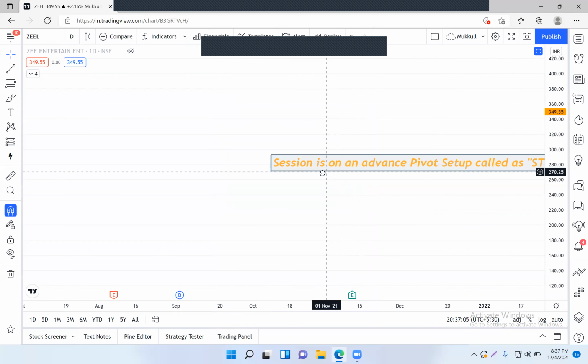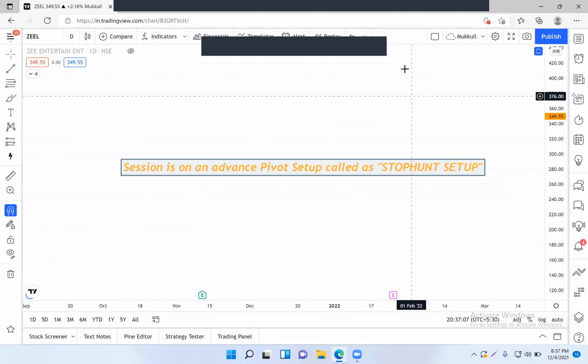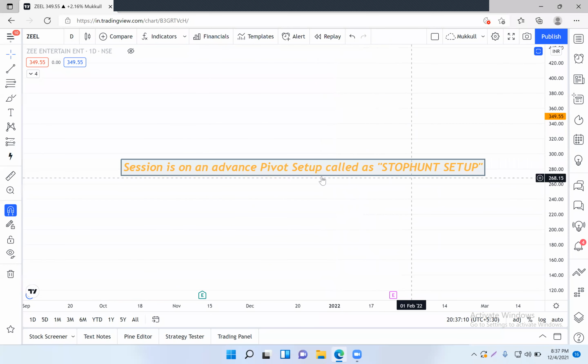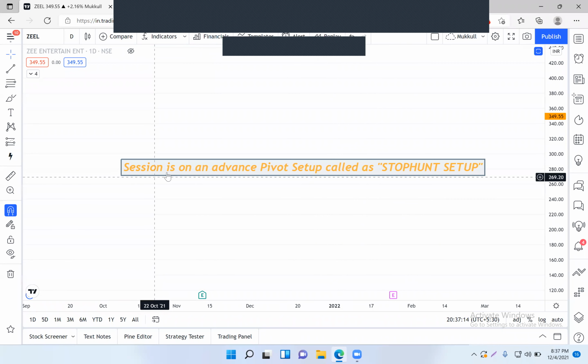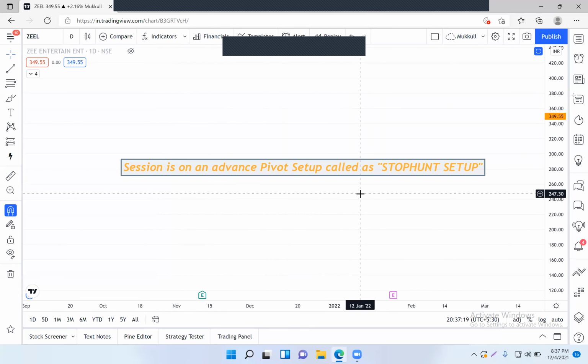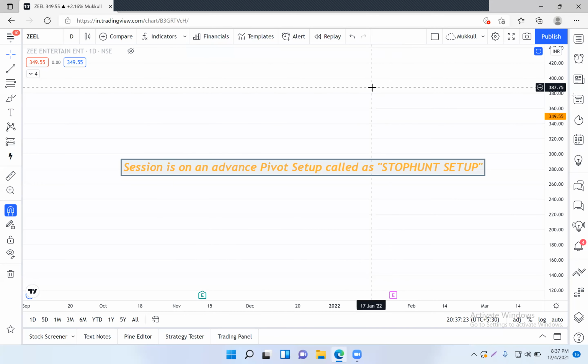Good. So as you can see on my screen, today's session will be on an advanced pivot setup called the stop hunt setup. We will see how you can take trades according to this setup, what this setup actually is, how it is formulated, and how you can use it to your optimum use.